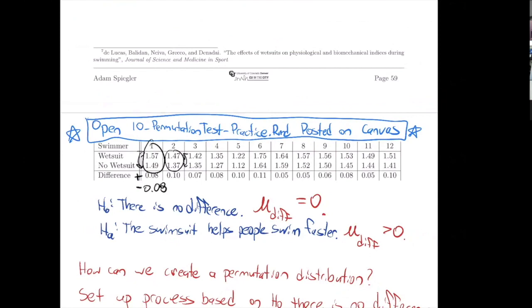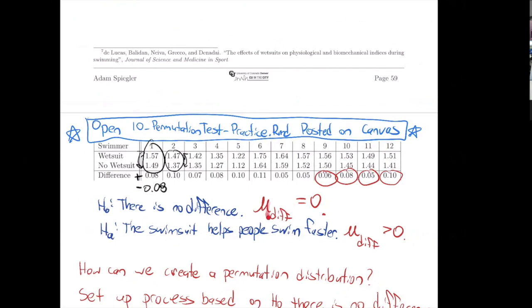And the alternative is going to be that wetsuit speed minus no wetsuit speed, the mean of these differences, is going to be positive. And by difference, what it means is looking at the difference in the maximum speed for the wetsuit versus the no wetsuit.